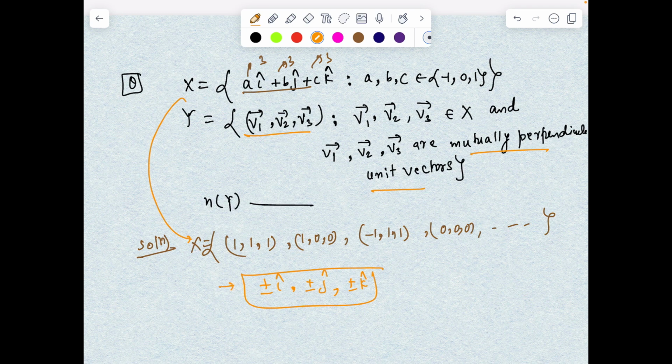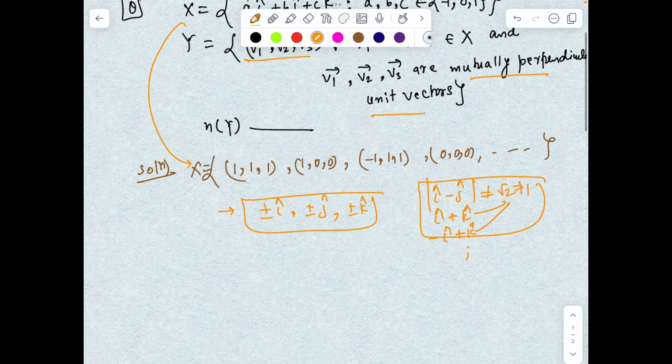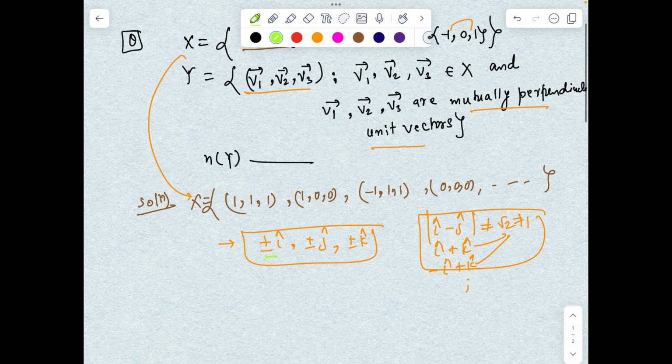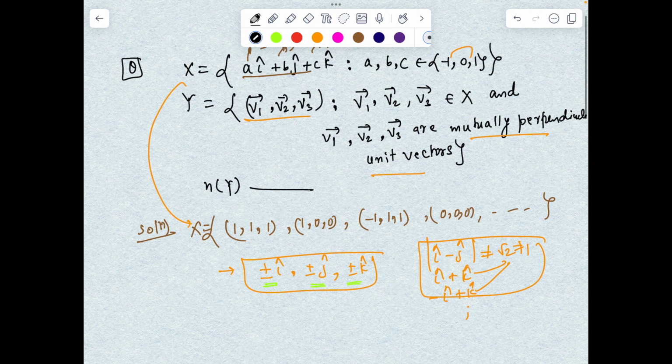So we have only 6 vectors out of 27 which are unit, because if I consider any combination of plus 1 with minus 1, let's say i minus j or i plus k or minus i plus k and so on and so forth, clearly their magnitude is not 1. This magnitude is root 2, this is root 2, so clearly root 2 is not 1. So in that sense, the only possible unit vectors will be 3 choices: plus minus i, plus minus j, and plus minus k.